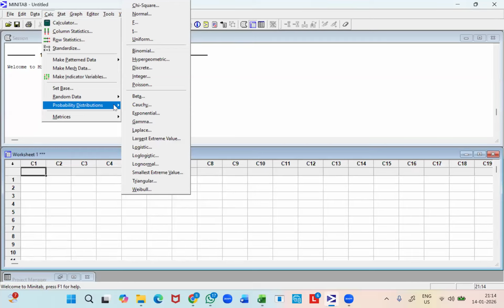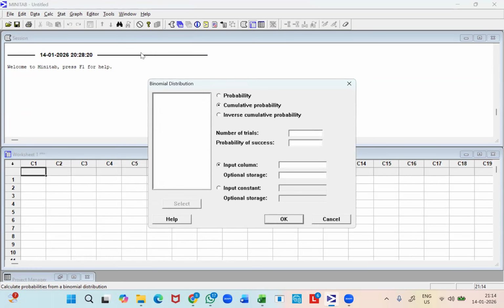So from this list, we need to select binomial, right? So the dialog box will open. So for the first one, where we need to estimate the probability of getting exactly 5 defectives, right? So when it is a scenario such as P of X equal to some value, we need to choose the option probability.